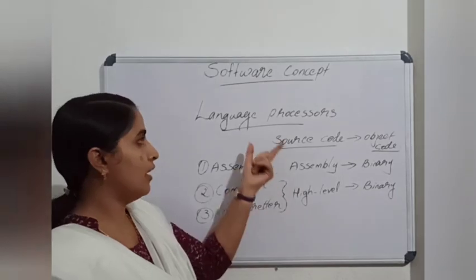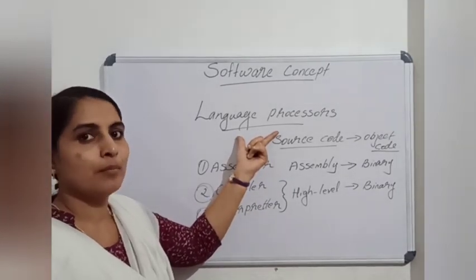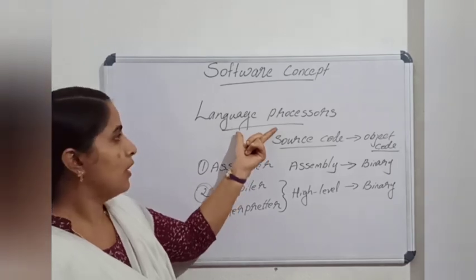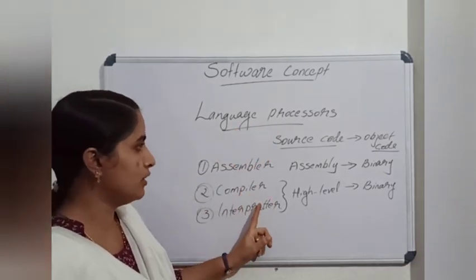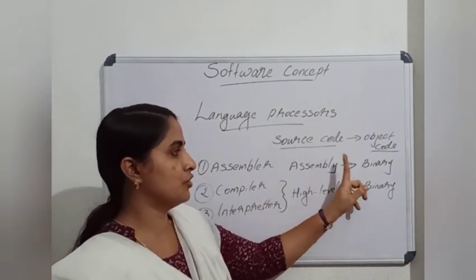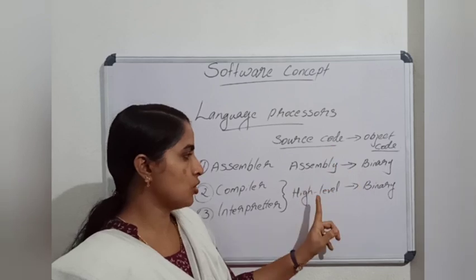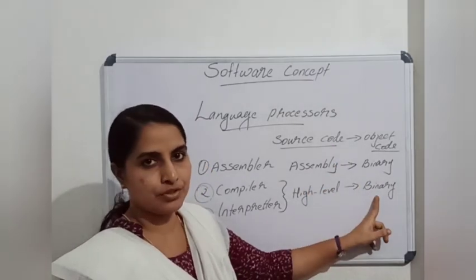Actually, they are language processors. They are the translating programs. So this language processor's role is to convert assembly language to binary language or convert high level language to binary language.